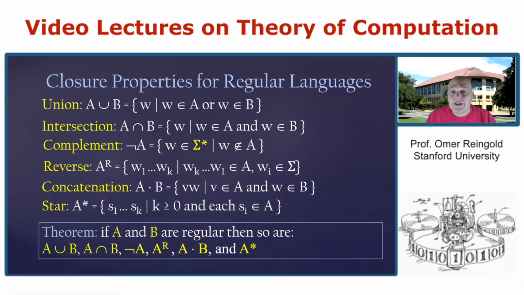And the theorem is that if A and B are regular languages, so are A union B, A intersection B, the negation of A, A reversed, A concatenated with B, and A star. So this is the theorem, and we'll start working our way through proving it. We won't get all the way, we'll get stuck at some point, but this will help us introduce the notion of non-deterministic finite automata.